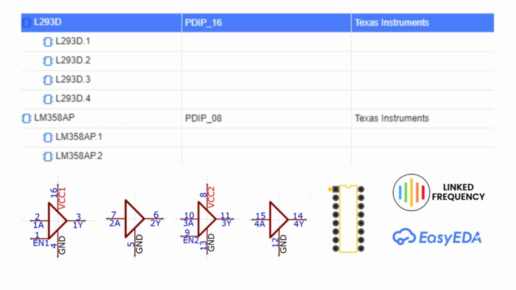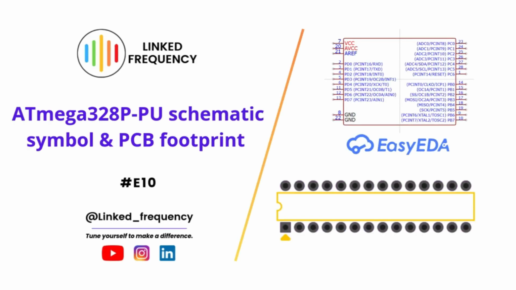That is where we learned how to create a sub-part for the schematic symbol and use them according to the design engineering. Thereafter, perhaps the most amazing one is the Atmega 328P-PU, a dual inline package 28-pin schematic symbol and PCB footprint, one among the best in the through-hole category of schematic symbol and PCB footprint design engineering.